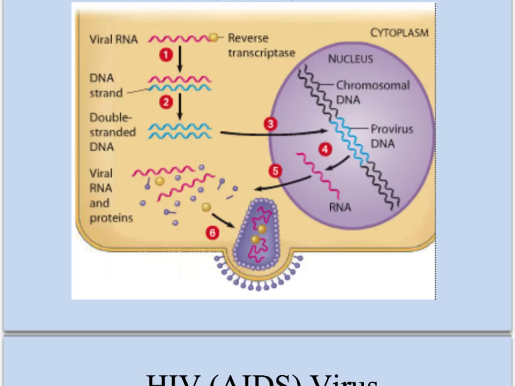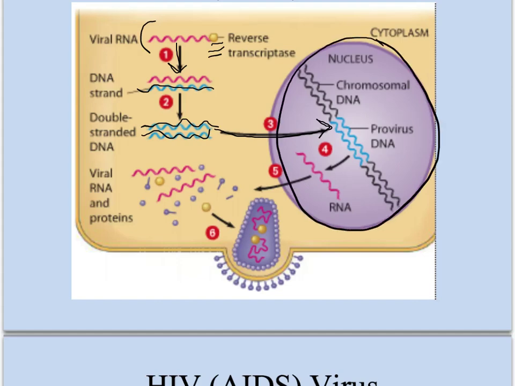So here's where it actually shows what's going on. So here's our RNA, here's our reverse transcriptase, and it's going to copy that into DNA, and it's going to make it double-stranded. So then this helix is going to join with the host chromosome, and then here is where the host chromosome takes over.